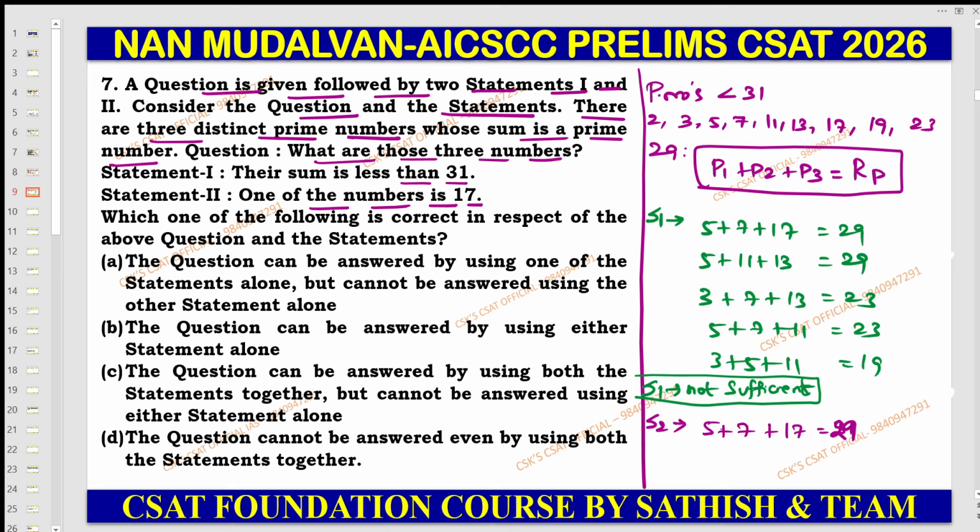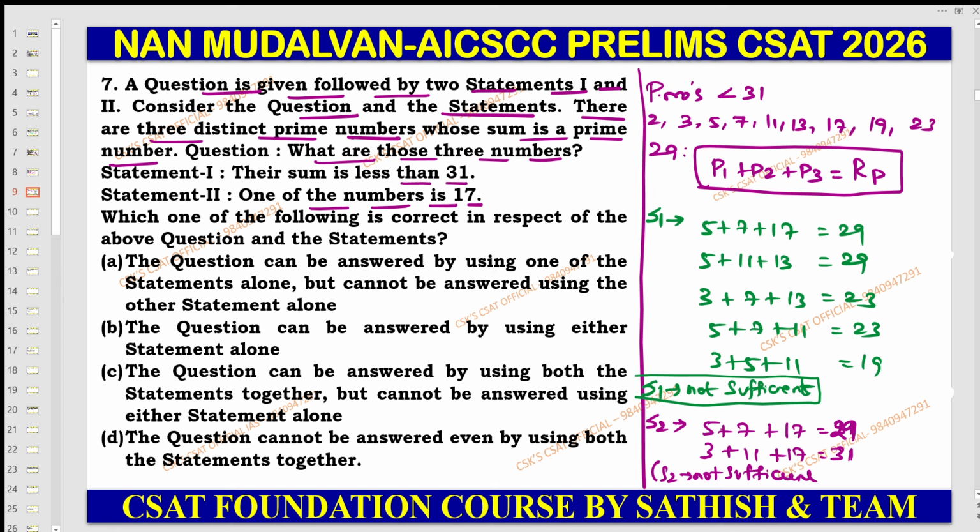Next part. With the 17, does anything else give a prime number as the resultant? Yes. 31 is also possible, because here there is no such constraint. One of the numbers must be 17. So there are two possibilities here. Therefore S2 is also not sufficient.